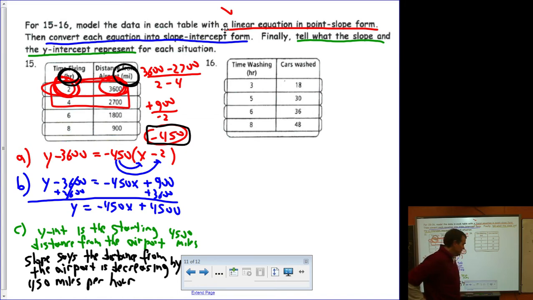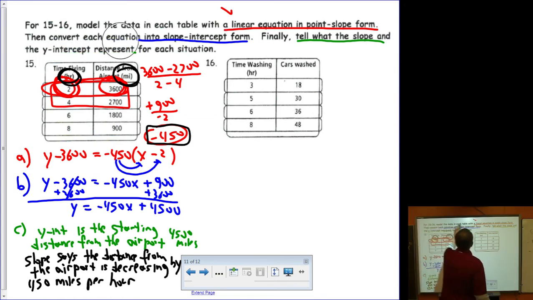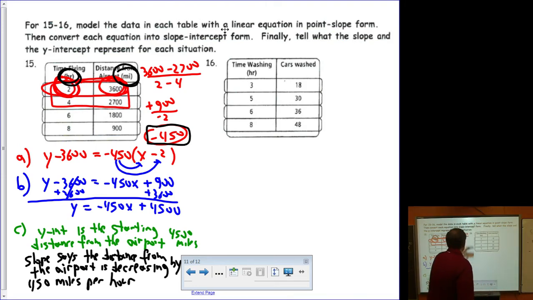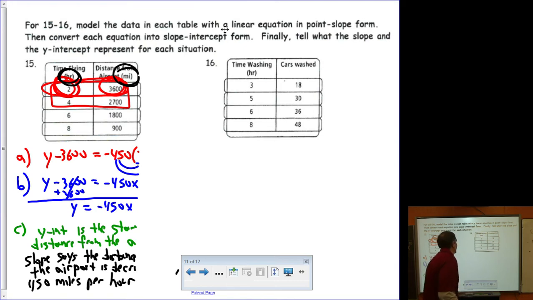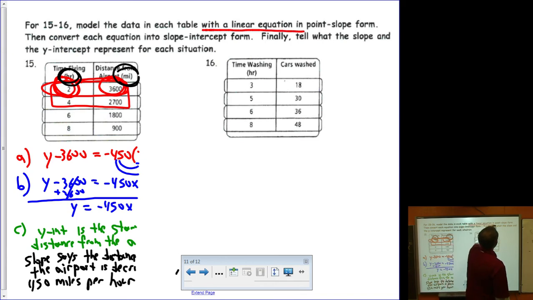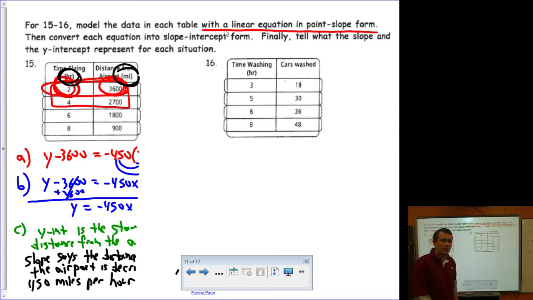All right, problem 16. Let's talk problem 16. So in problem 16, the first thing I need to do, it asks, is write a linear equation in point-slope form for the table. So to write my linear equation, the first thing I always need is the slope.